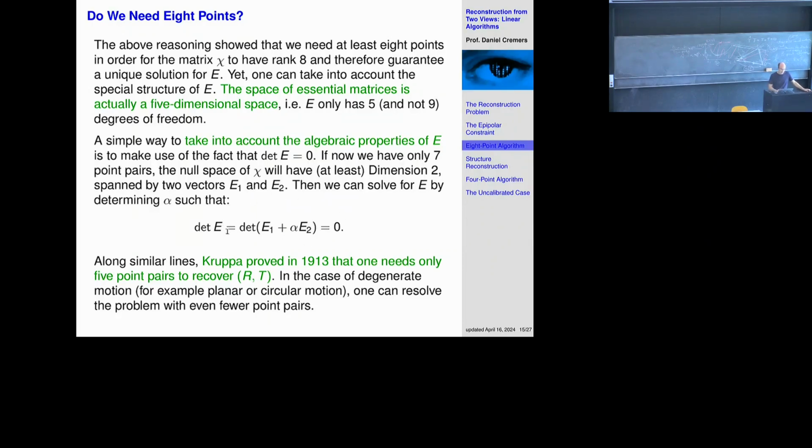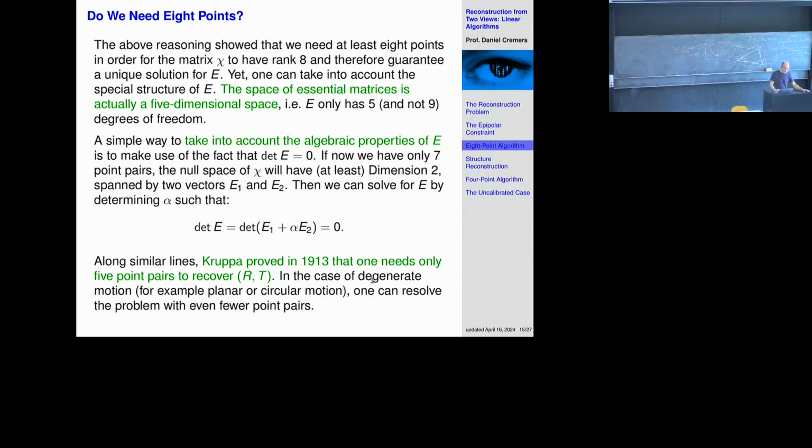This is not a linear equation, right? This is typically a somewhat involved equation, this determinant equation, but you can solve it for alpha and then you get your solution for the essential matrix. And along these lines, Kruppa proved in 1913 that one only needs 5 point pairs to recover rotation and translation.